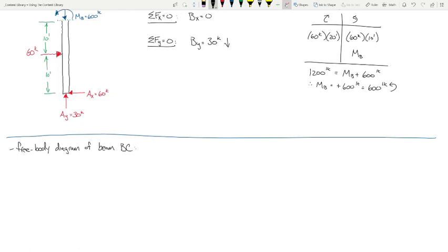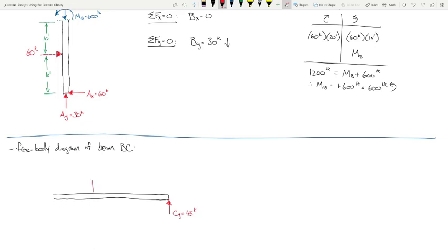I'm going to handle it the same way. I'm going to draw the free body diagram, assuming I cut that section right at B. Okay? So I've got a reaction here. That's reaction CY, and that was 45 kips.